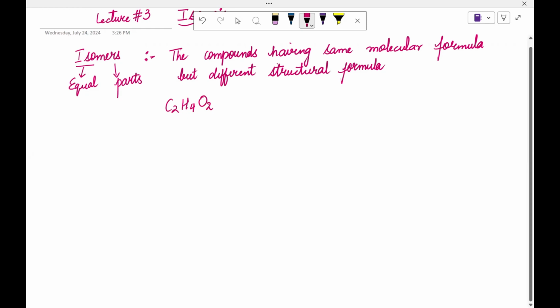So we know that this is a molecular formula, but if we are going to represent its structure, then there are basically different ways to represent the structure. Like for example, we have this structure CH3 C double bond O dash OH.